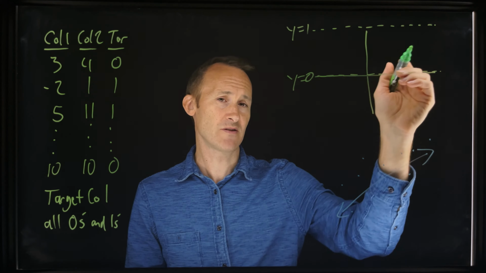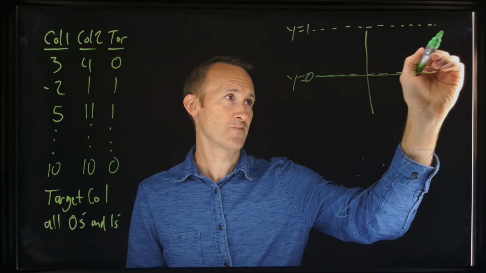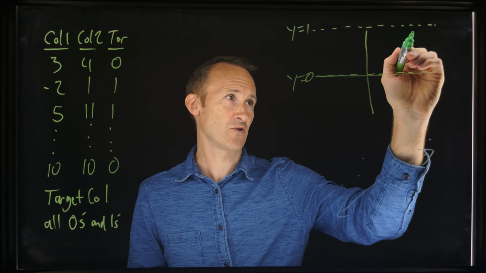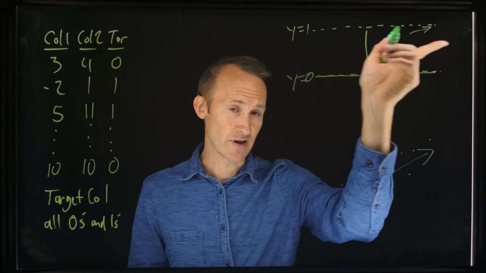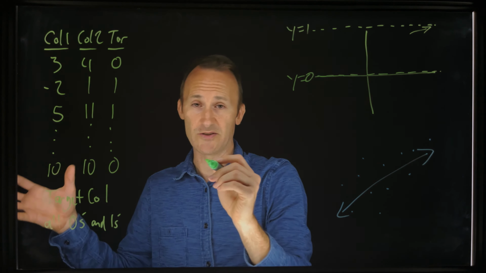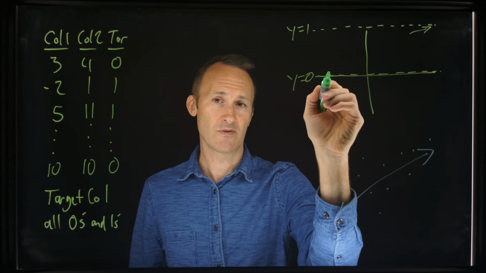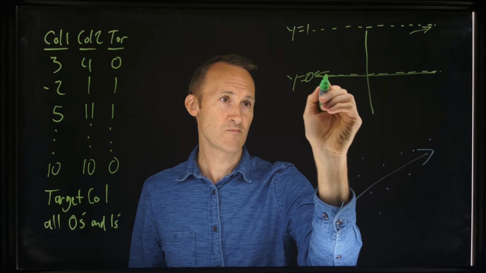So by bounding it, this is what I mean. If you have really large values of x, you get closer and closer to y equals 1, okay? It's going in that direction. Likewise, if you have really extreme values to the left, where x is really negative, then you want to get closer and closer to 0.